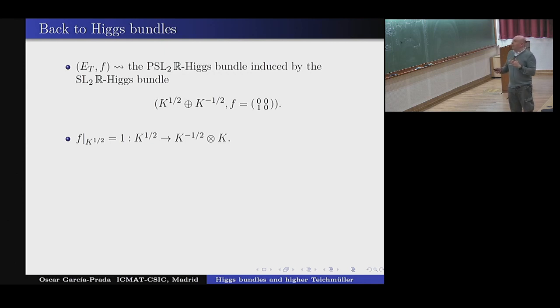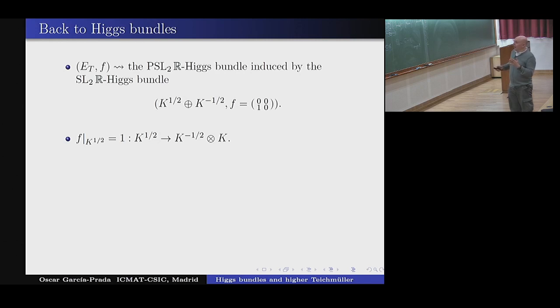To get this parametrization, you consider a very canonical object, a PSL2R Higgs bundle, which is given by this SL2R Higgs bundle here. Yesterday we described SL2R Higgs bundles, and so you take this one. This is in the Teichmuller component.